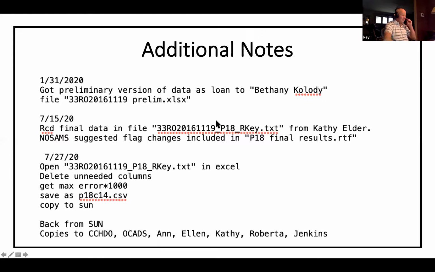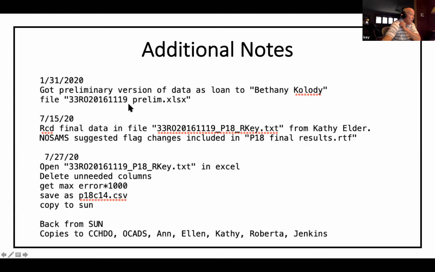These were the other outside notes that I kept regarding the C14 and C13 for the P18 cruise. You can see in January, I got a preliminary version of the data that I merged. The student's name was Bethany Kolodny, who I don't know, but she was doing some sort of student research project, and we had no problem giving her a preliminary version of the data.